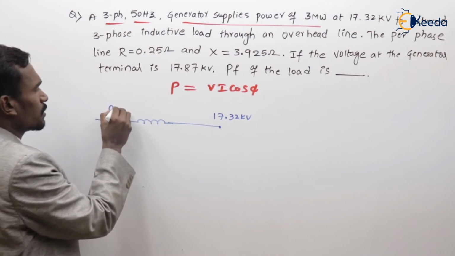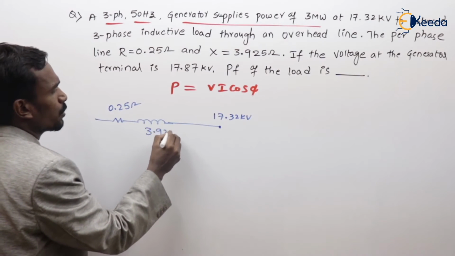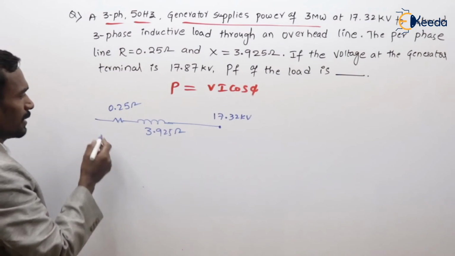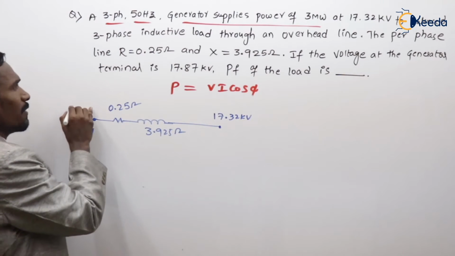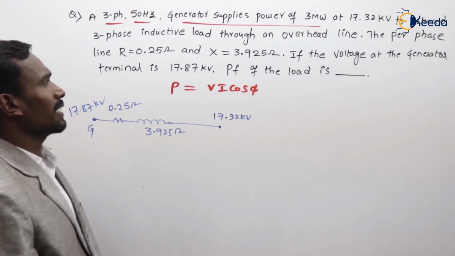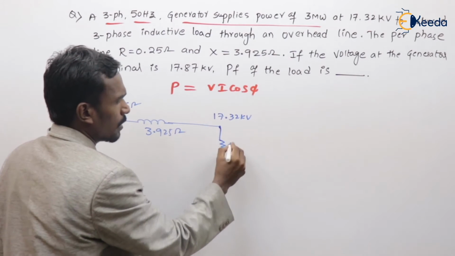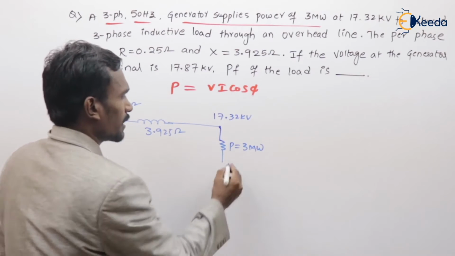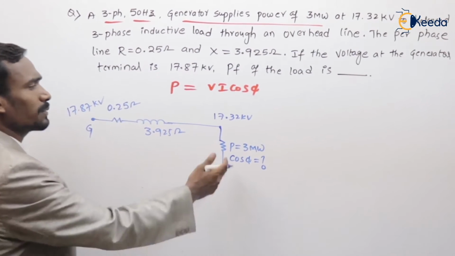If the voltage at the generator terminal is 17.87 kV, and the load is 3 megawatts, then we have to find out the power factor.